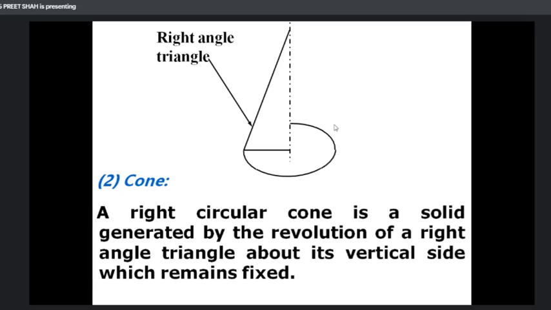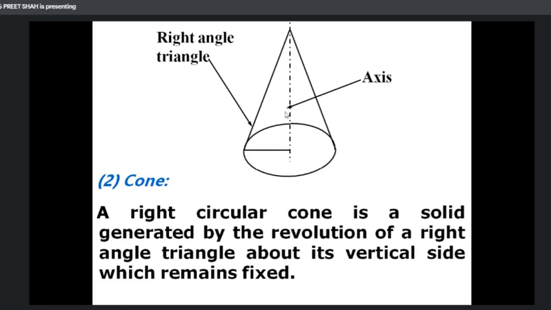In a cylinder the plane figure is a rectangle that rotates about the axis 360 degrees. In a cone it is a right angle triangle that rotates about the axis 360 degrees. So this one is the cone.